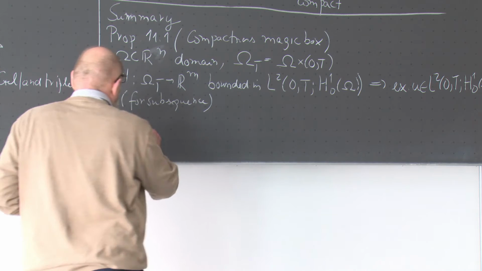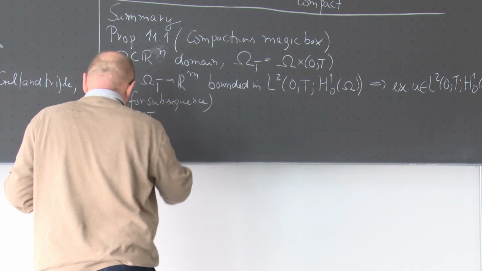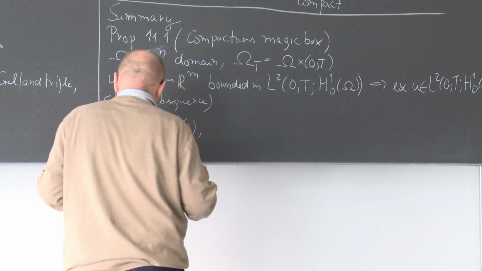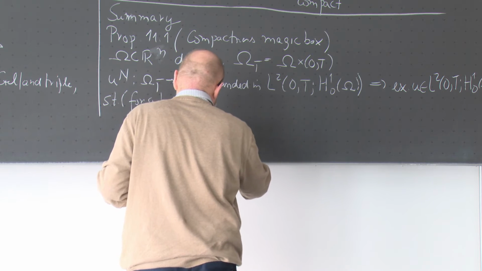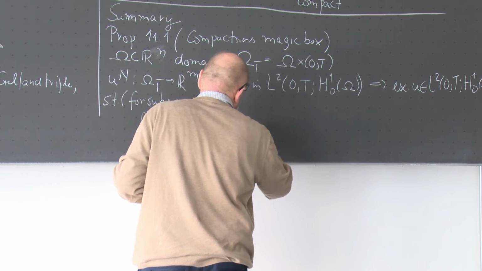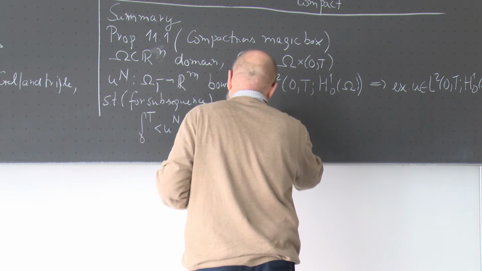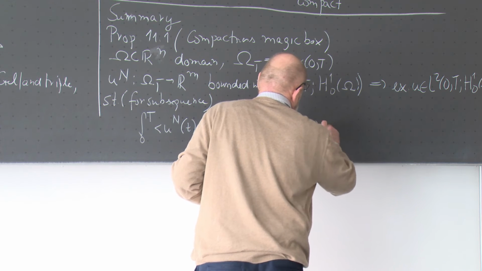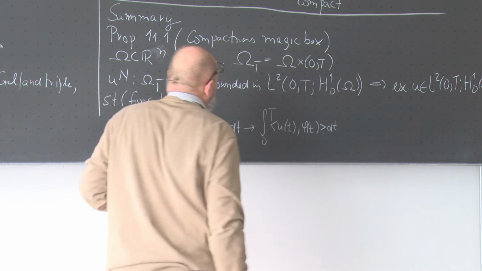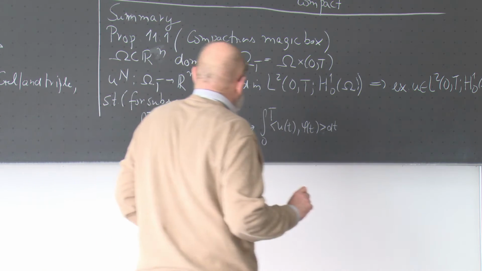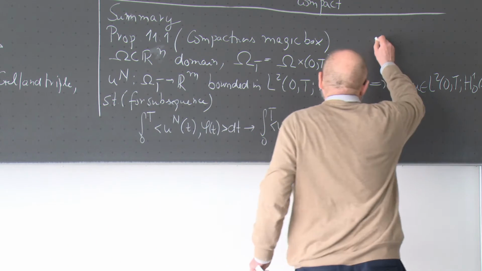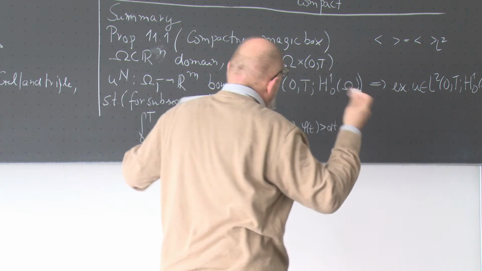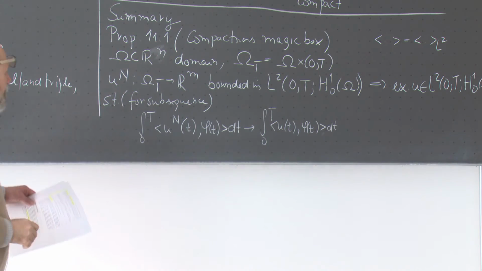Weak convergence means we put this in the dual pairing. Here we have the u_N, here we have the test function. This converges to the corresponding term here. This bracket here is the bracket of L2, that is the underlying H, the underlying pivot of the whole thing.